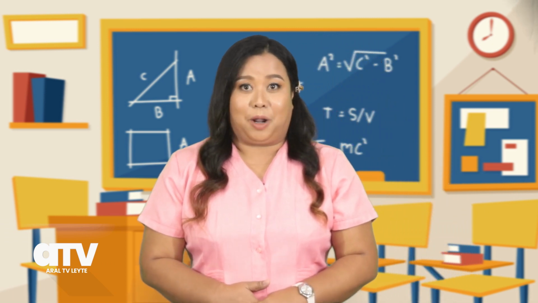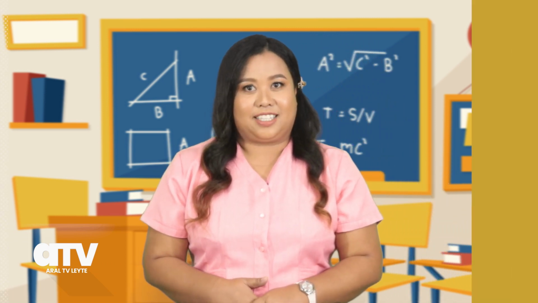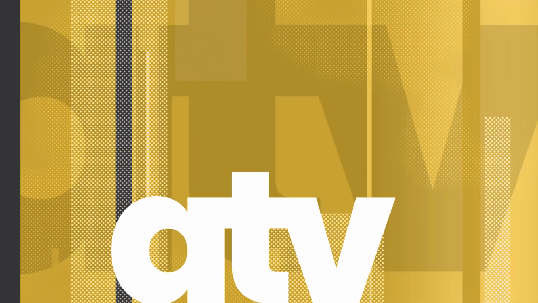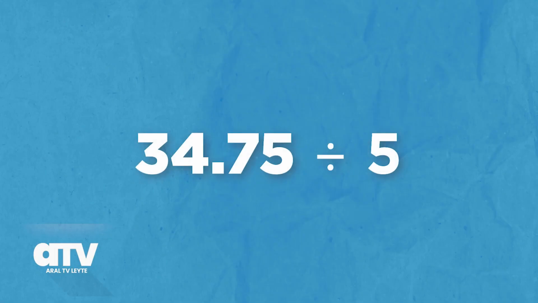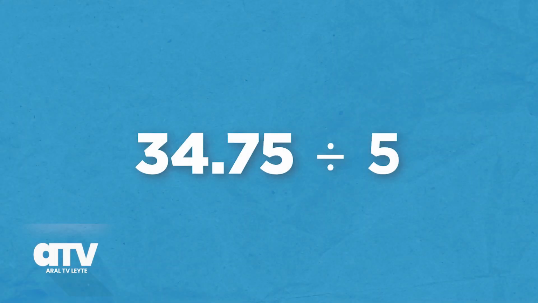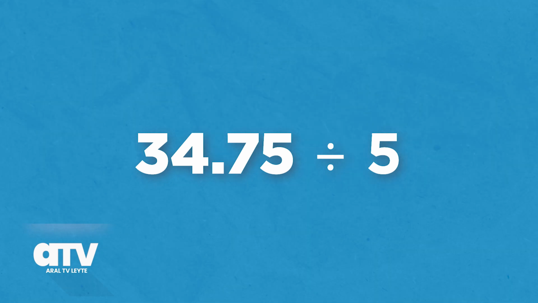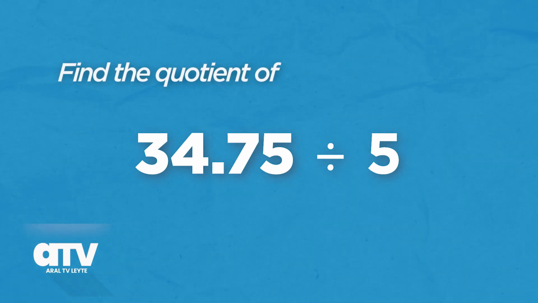Get your notebook and ballpen, then try to solve these. Divide 34 and 75 hundredths divided by 5. Following the steps, find the quotient of 34 and 75 hundredths divided by 5.